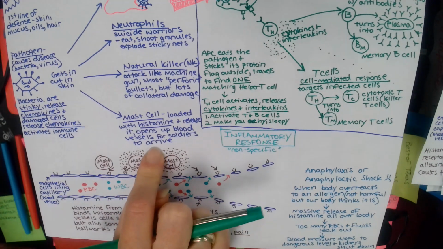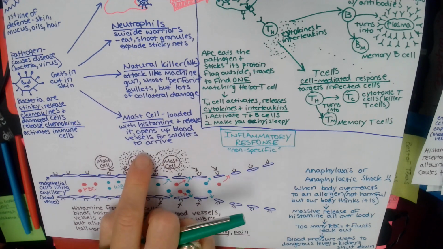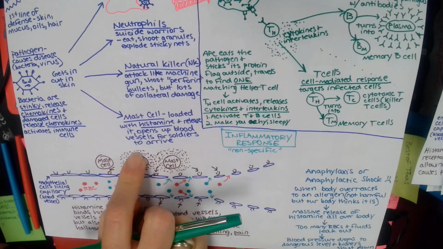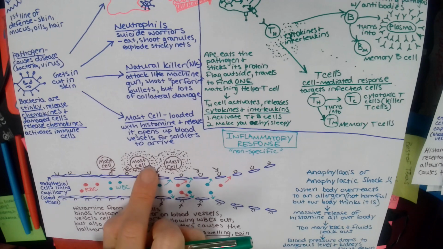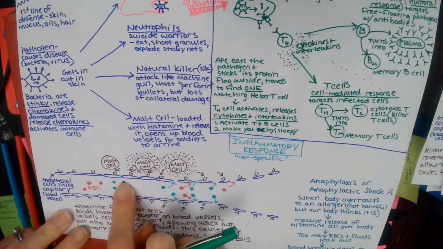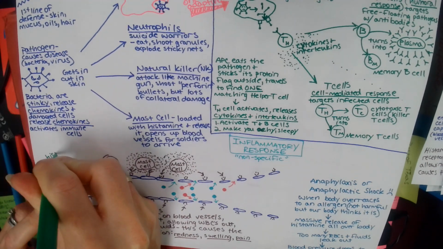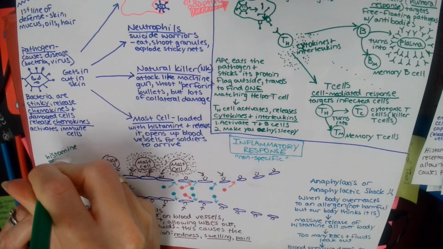So the mast cells are loaded with histamine. They're going to release that histamine out of them. Whenever they sense chemokines, they release histamine, which bonds to the histamine receptors on the endothelial cells. I'll label that right here, the histamine receptors.